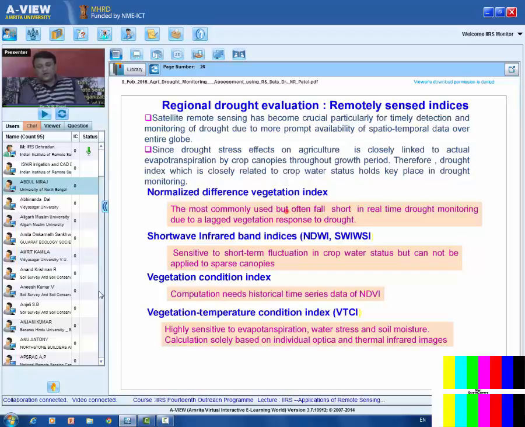Whenever there is a wetting event, that means rainfall received at the surface, it will penetrate into the soil and recharge the root zone. After the root zone recharge, crop roots will take up this water and transfer it through the xylem to the leaf.